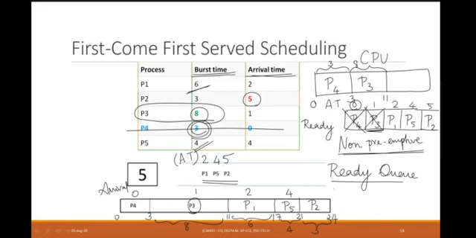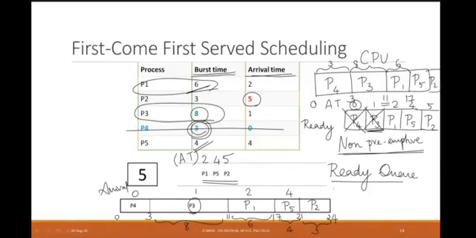Next we'll go to process P1. P1 has to spend 6 time units. This 6 added to this 11 is 17. And lastly, you have your P5 followed by your P2.